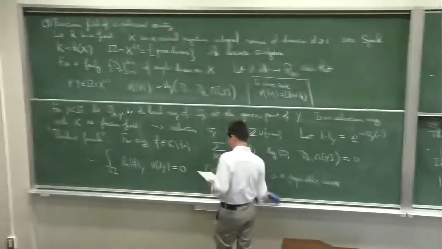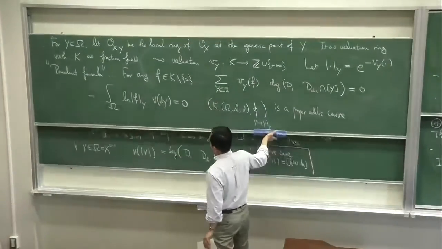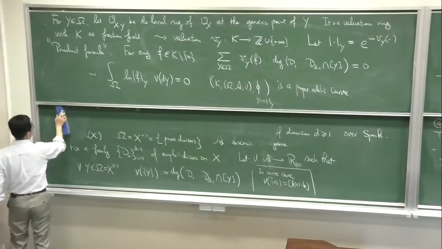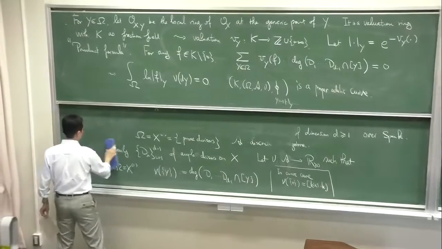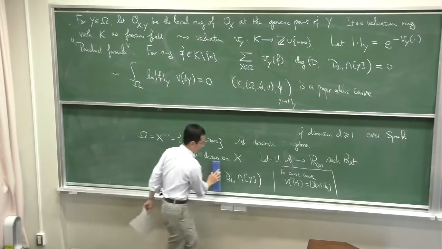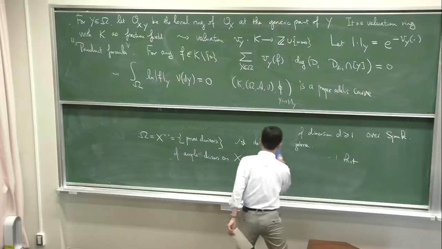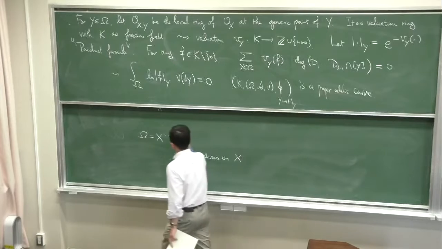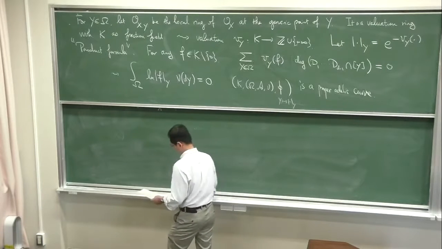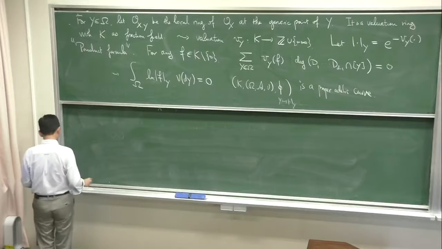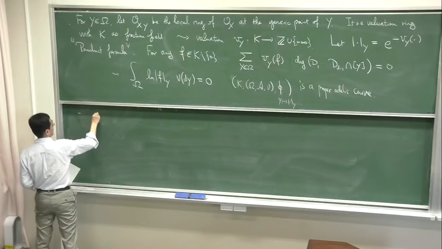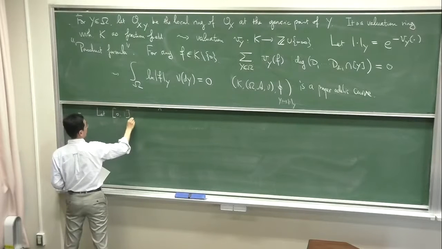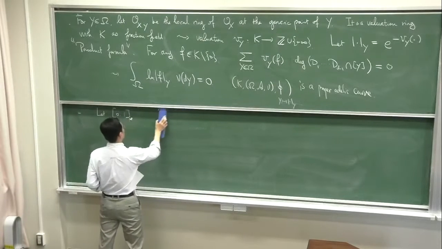Okay, and the third type is a little bit strange. It comes from really some Archimedean consideration of this field. We consider such a set (0,1)*.